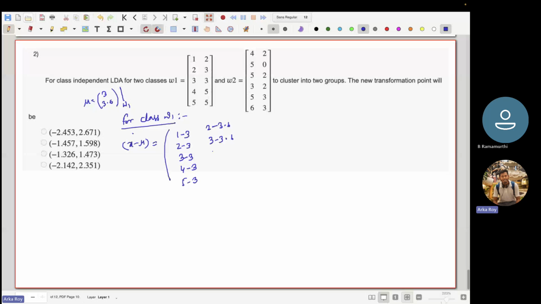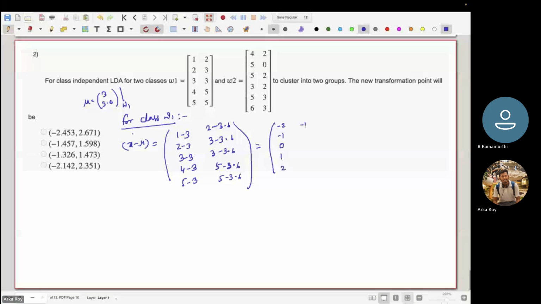For this ridiculously large matrix, it would be minus 2, minus 1, 0, 1, 2, minus 1.6, minus 0.6, minus 0.6, 1.4, 1.4. So the dimension is 5 cross 2.